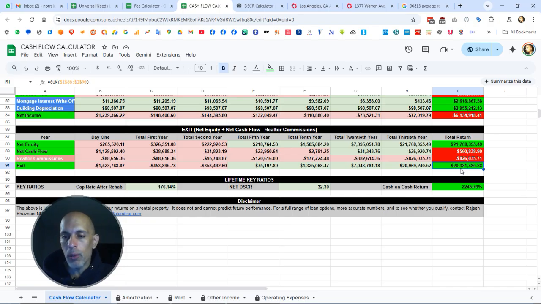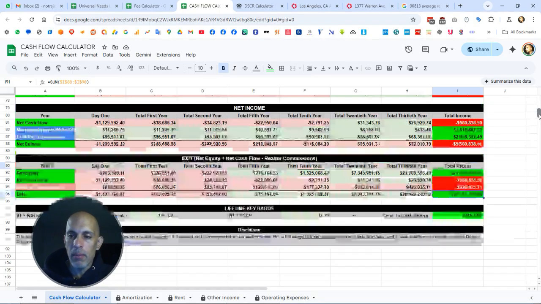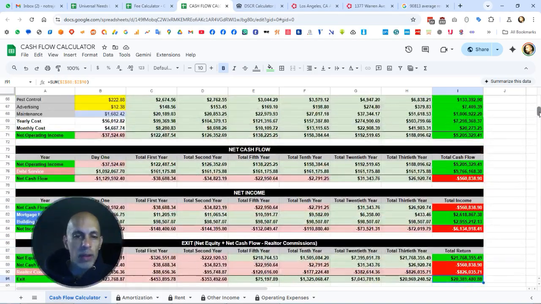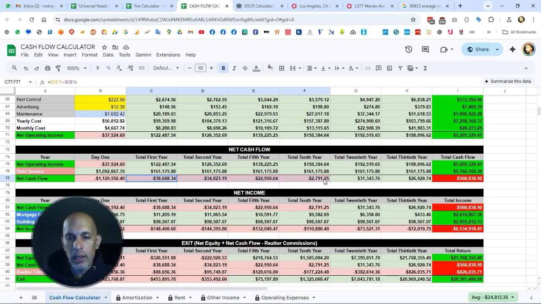We're walking away with 20.38 million, but you also got to factor in that you're losing cash for an additional 20 years. So if you were to add up the total losses in cash flow for those 20 years, would they still add up?